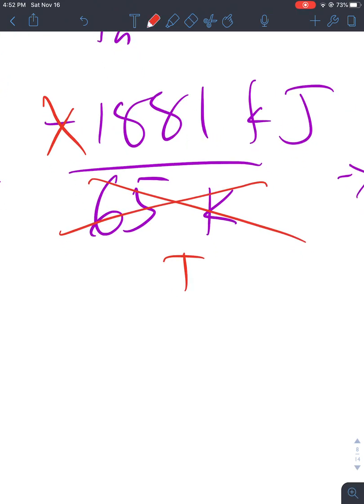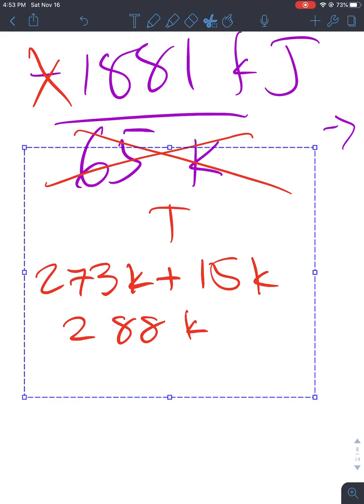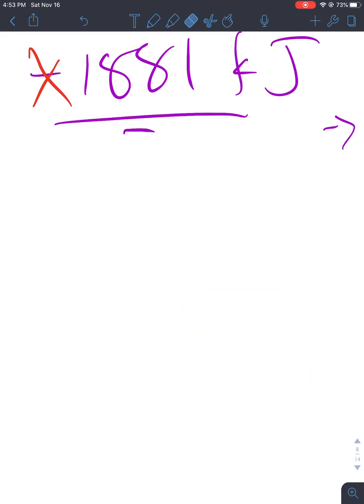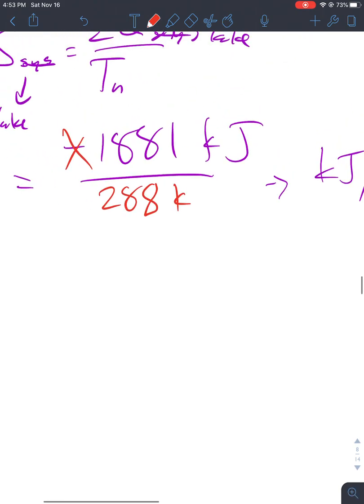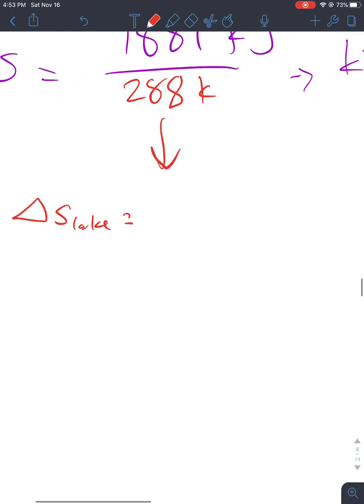So temperature of the lake is 273 Kelvin plus 15, which is 288 Kelvin. And that goes to change in entropy of the lake, 6.528 kilojoules per Kelvin.